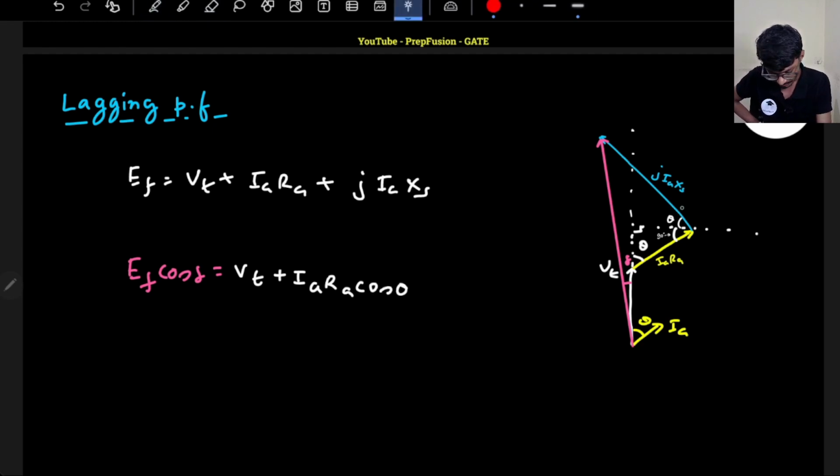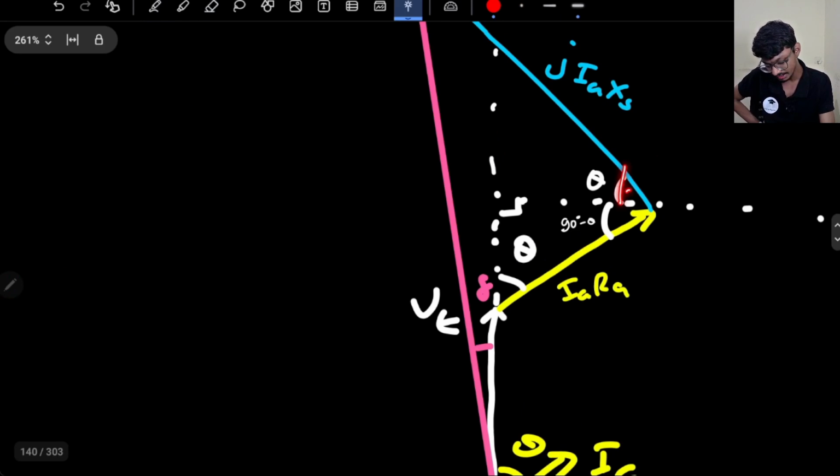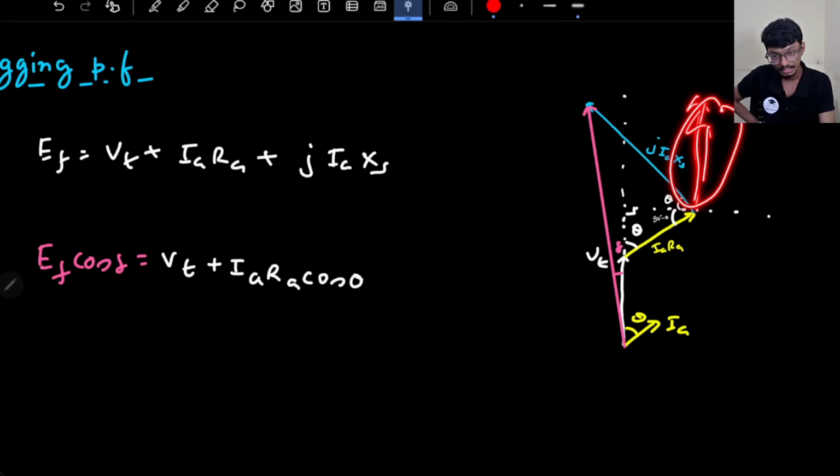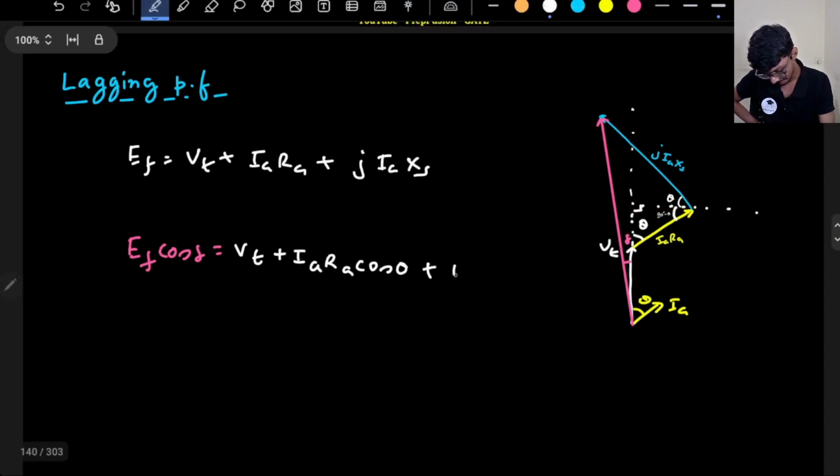Okay, what about this one? This is IaXs cos theta, but I don't want this. I actually want this component. This will be, sorry, sin theta. This is cos, this is cos, basically this will be sin theta, right? So this will be plus IaXs sin theta.